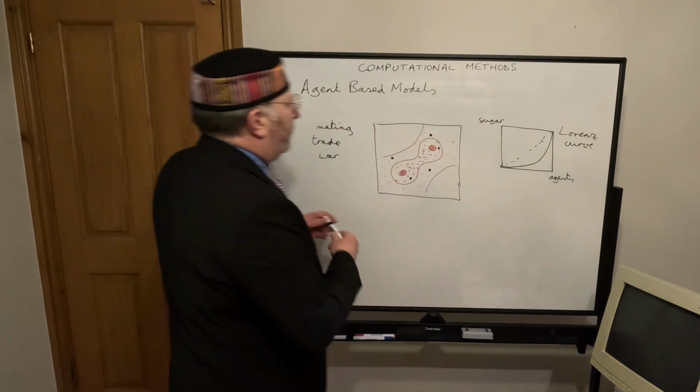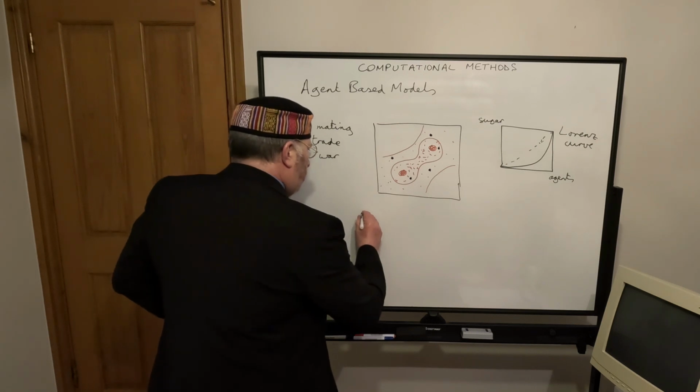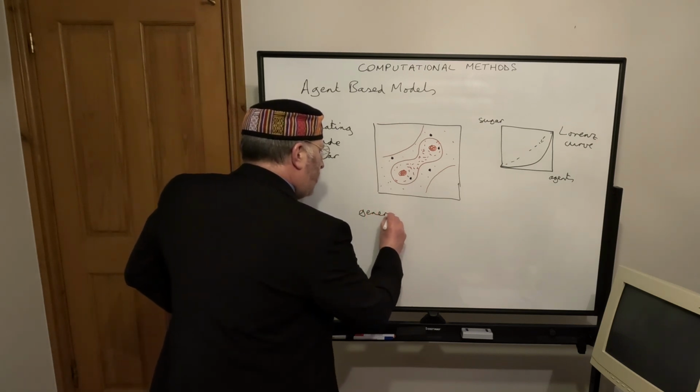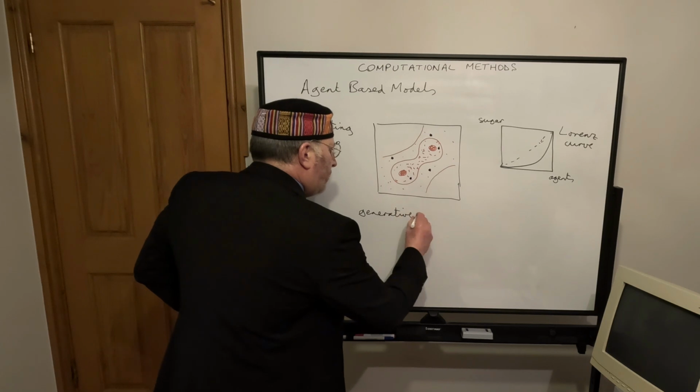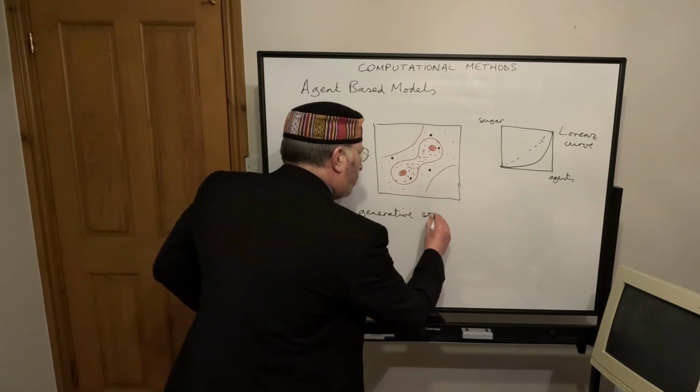And this agent-based approach with these rules has been called generative social science.